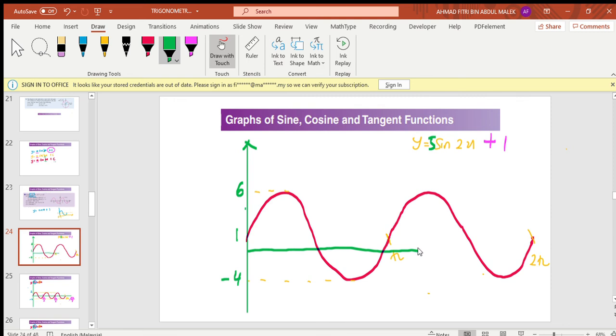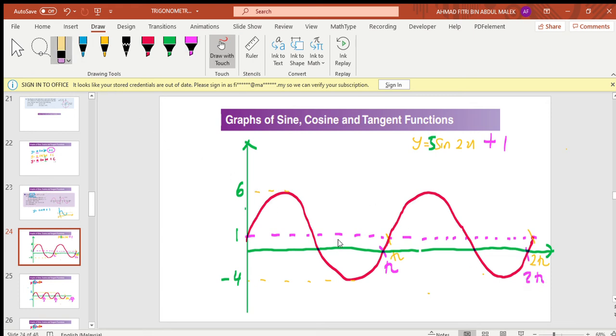But look, the shape of the graph is not changed, and you need to remember here, this is the original 0 before we shift the graph plus by 1. So don't change the value here. You never do. If you change the pi to here, 2 pi to here, it is absolutely wrong.